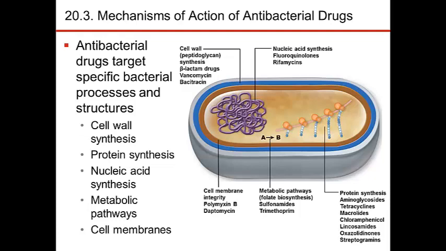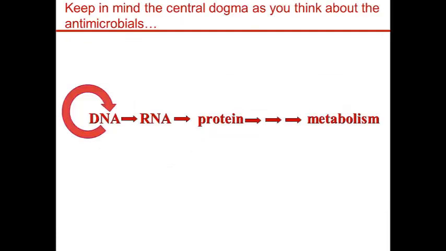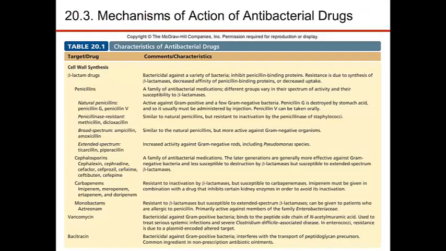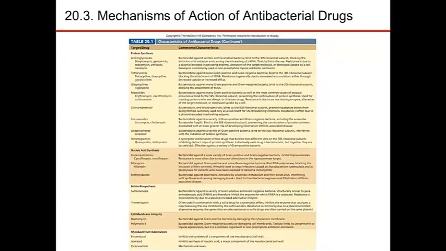They can inhibit nucleic acid structure and function, or they can interfere with the cell membrane structure or function. Keep in mind the central dogma as you think about the antimicrobials. And Table 12.1 summarizes the characteristics of the major antibacterial drug classes in some detail.